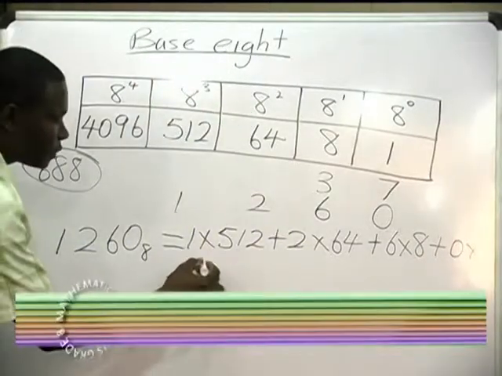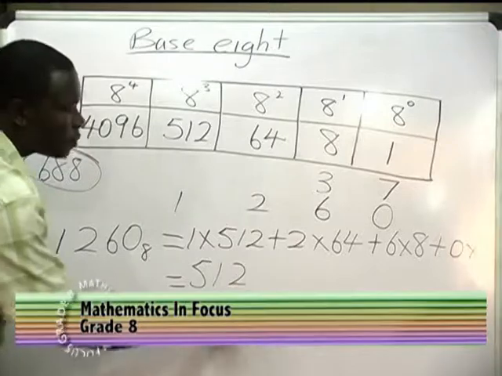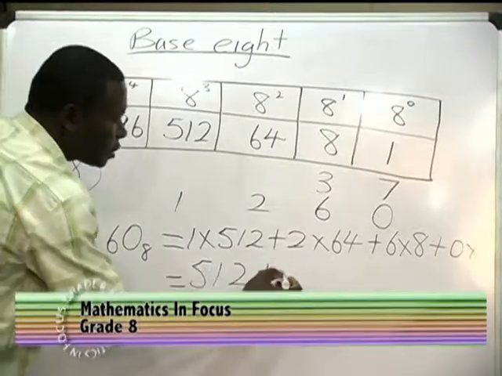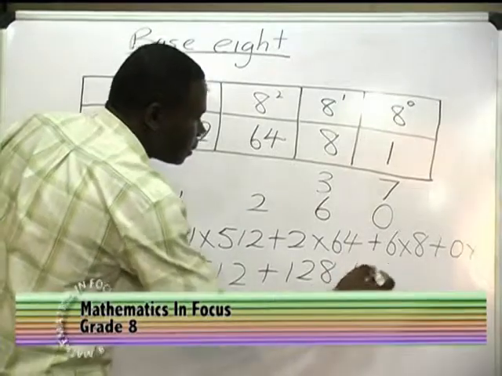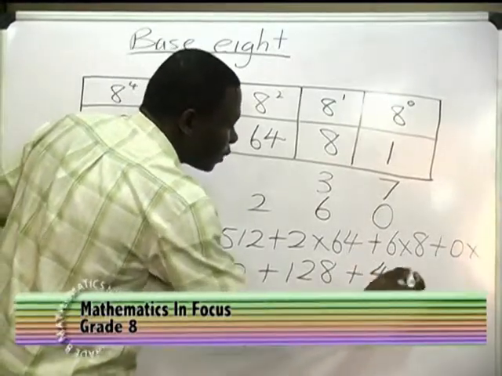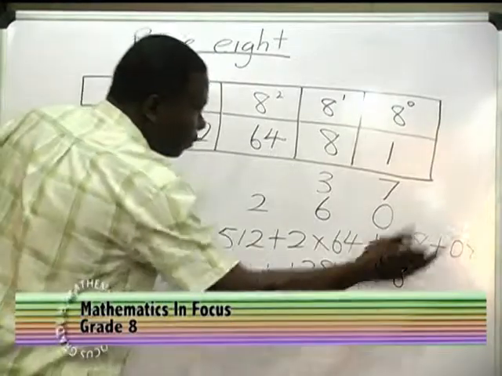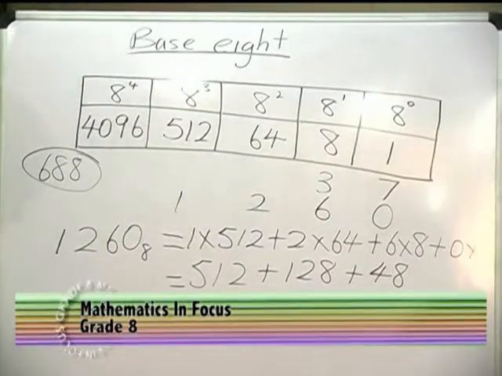So this is 512 plus 2 times 64 is 128 plus 6 8s, 48. And then we have 0 times 1 will give us 0.